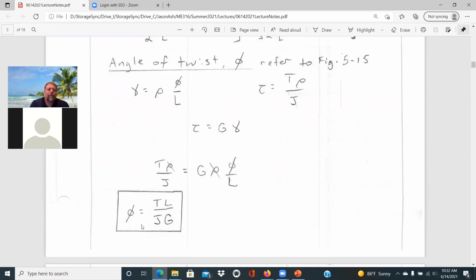And so this angle of twist would be a unitless value, but it would define a rotation. That unitless rotation would be an angle in radians.